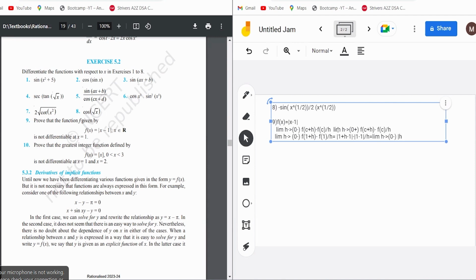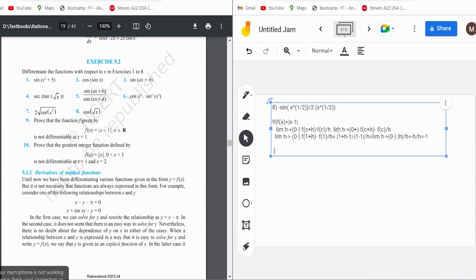Since h is tending to 0 minus, it is coming from the negative side, from the back side of 0. So h will open with a minus sign: minus h by h, that is nothing but minus 1. So from here we are getting minus 1.